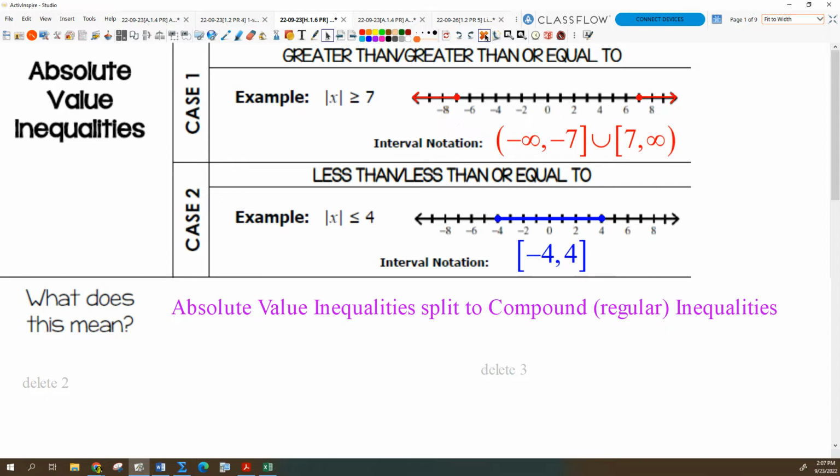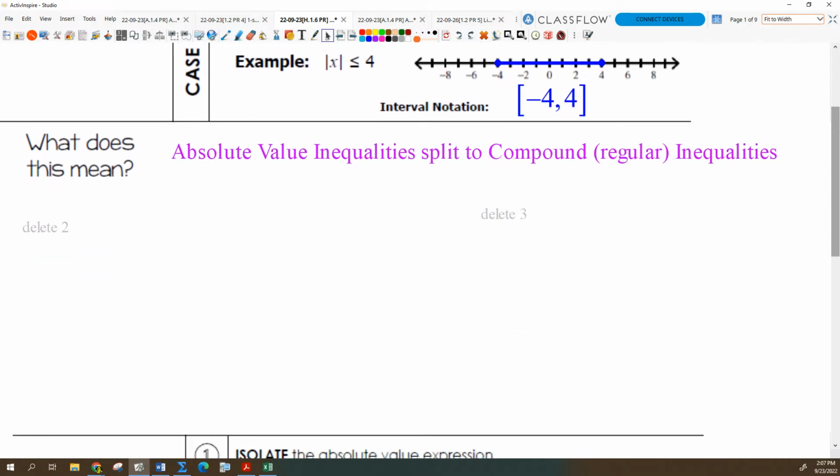We're doing the same thing here. We're splitting absolute value inequalities into two regular inequalities in the form of a compound inequality. We're going to get both types, an or inequality and an and inequality, depending on what kind of absolute value inequality we start with.